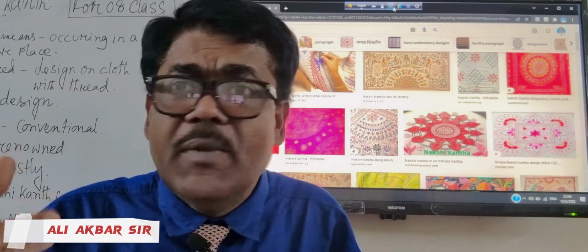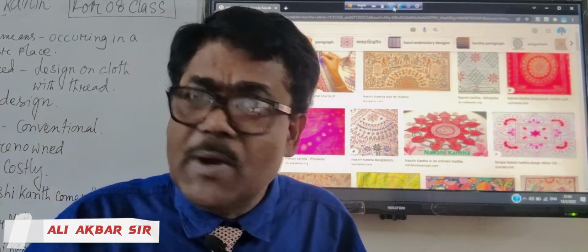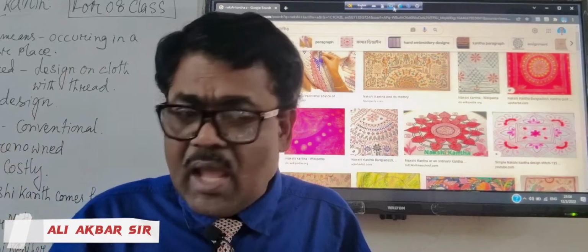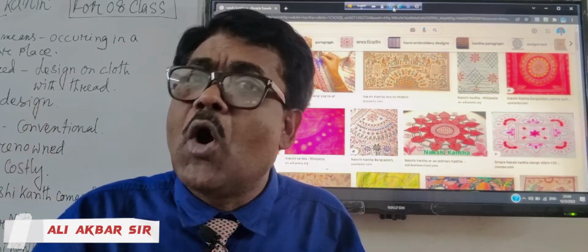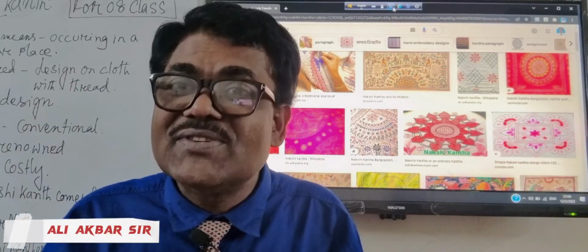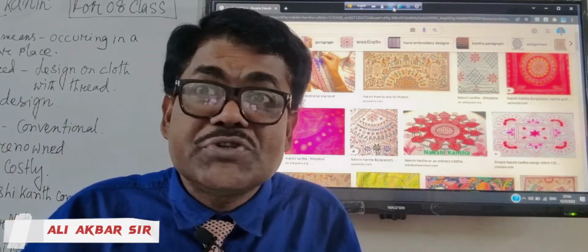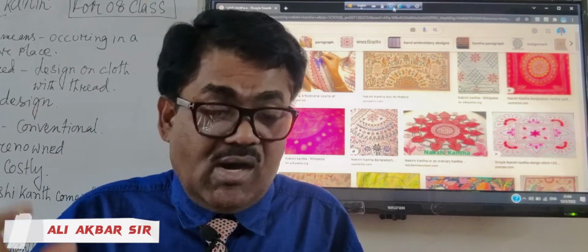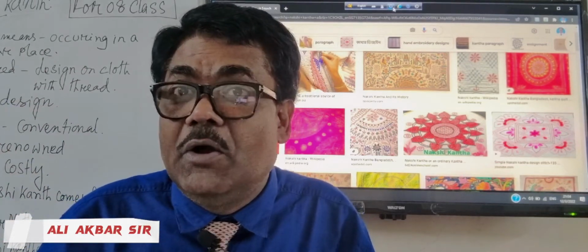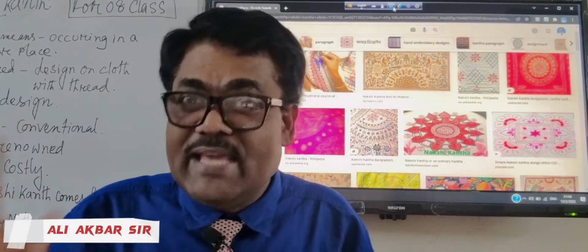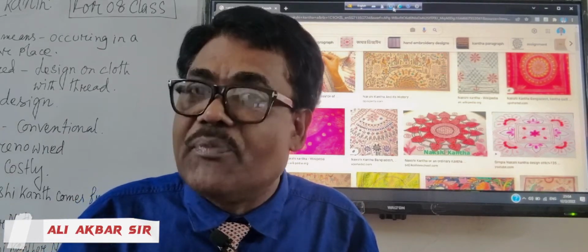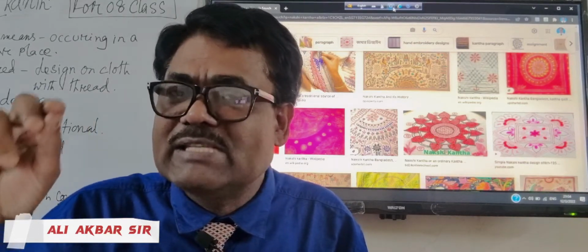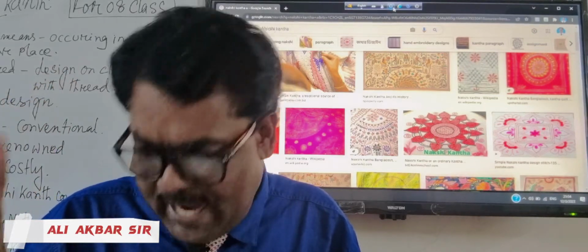But nowadays you can see Nakshi kantha in expensive shops in cities and towns, because though the village people used it in the past, nowadays fashionable people also like Nakshi kantha, so they also use it.